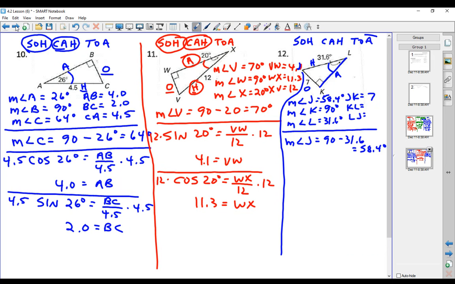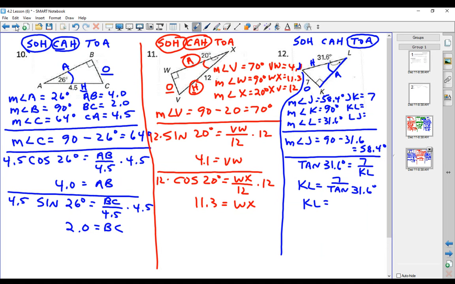So adjacent and opposite refer back to tangent. So the tangent of 31.6 degrees is equal to the opposite side, which is 7, over the adjacent side, which is KL. This is one of those situations where we want to use the flip-flop method. So KL is equal to 7 over the tangent of 31.6 degrees. And when you work that out on your calculator, KL comes out to be 11.4.